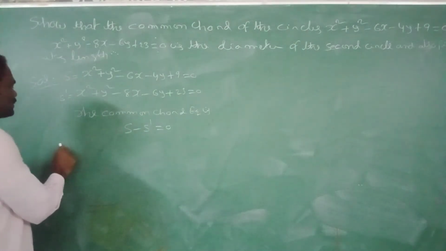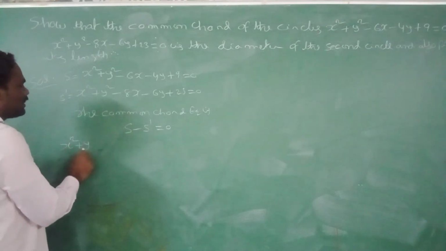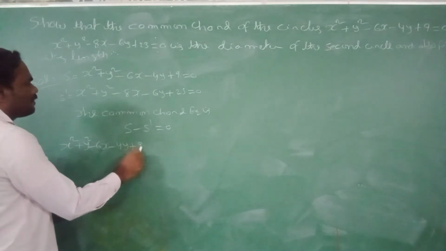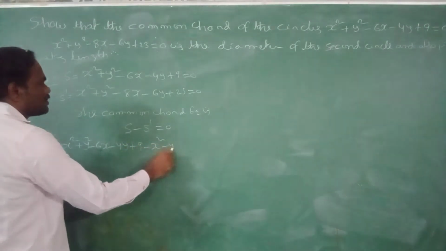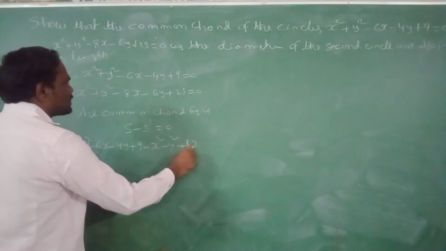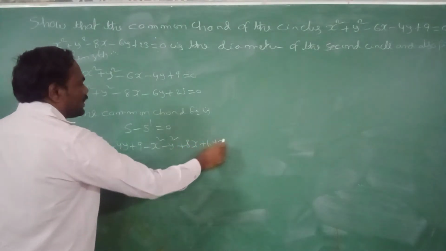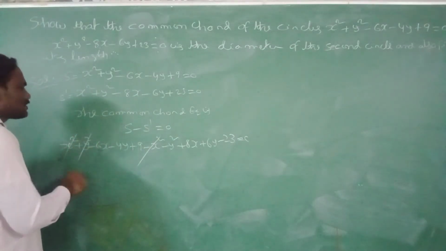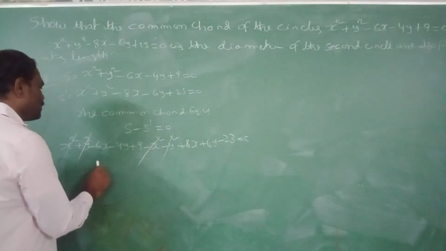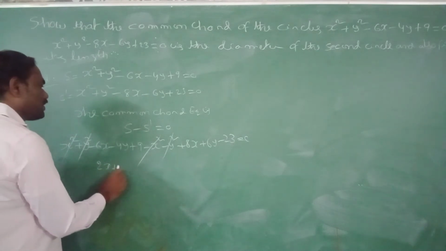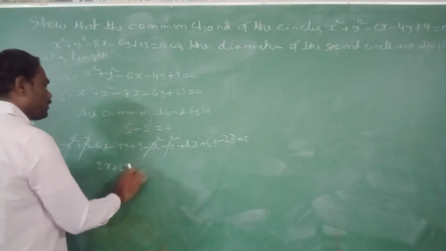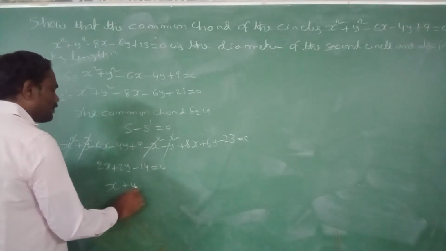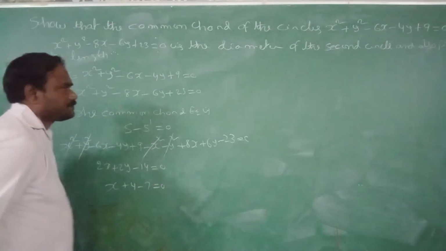S minus S dash: x square plus y square minus 6x minus 4y plus 9 minus x square minus y square plus 8x plus 6y minus 23 is equal to 0. x square minus x square cancels, y square minus y square is cancelled. 2x plus 2y minus 14 is equal to 0. x plus y minus 7 is equal to 0.